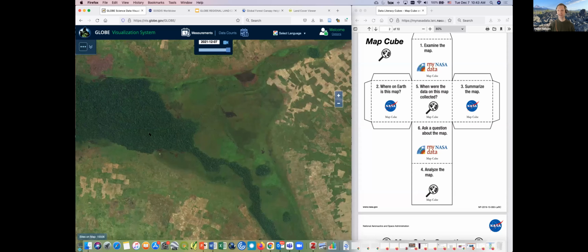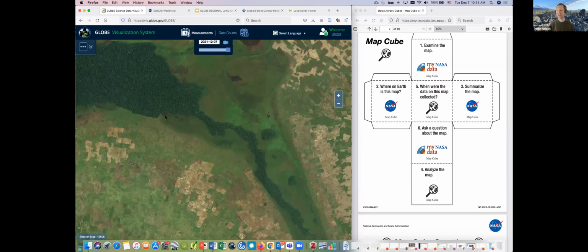What we're seeing with this darker green is not only more leaf area from these trees, but also the shadows from the trees as they grow and cast shadow from the height and the bulk of their tree canopy. So we are able to notice these patterns, and we can document these patterns from space.